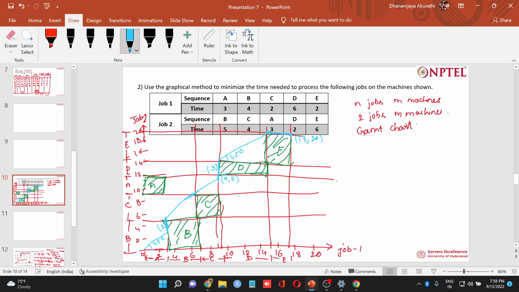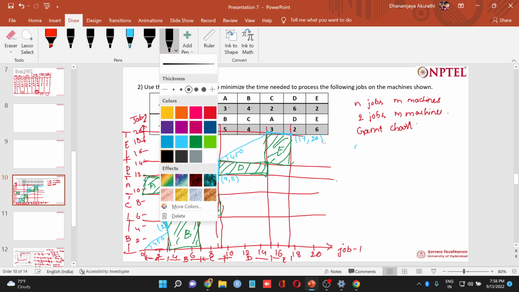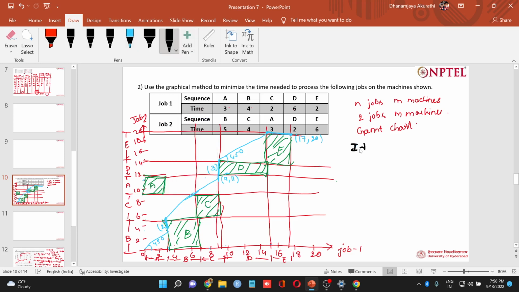So finally after doing all this, we can say that idle time for job 1 is equal to, here the distance is 2. This is going upward, means job 1 is at idle state, job 2 is processing.